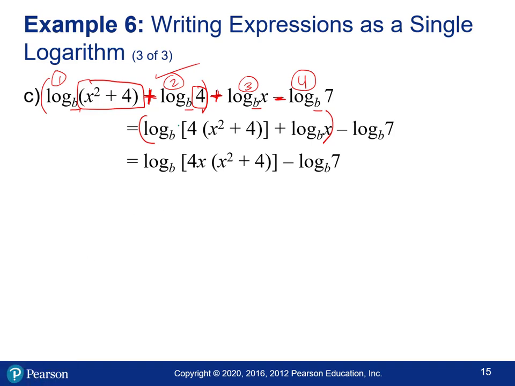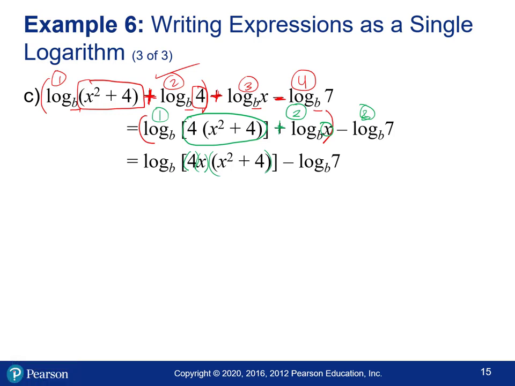So we have 1 log with its argument plus another log with the same base and a different argument. So we're multiplying. So we just multiplied 4 times x squared plus 4 times the x from the second argument. Okay, so look what happened. At this stage we had 3 log expressions, and now we're down to 2 in the next one.